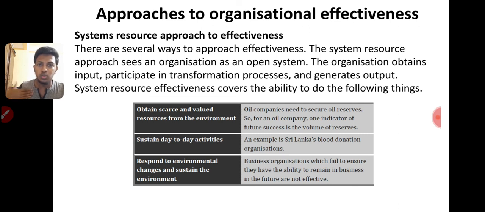We should have water to produce bottled drinking water. If you have more water than others, that is efficiency. This is like a threshold. If you run a business day to day, we should sustain the day-to-day activity. Then respond to environmental changes, to sustain in the environment, in order to run the business.